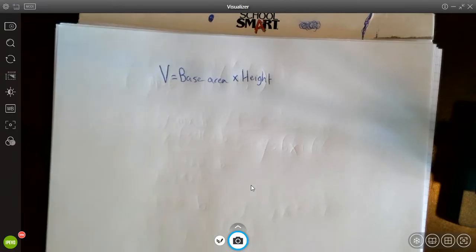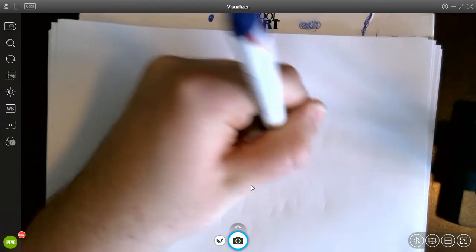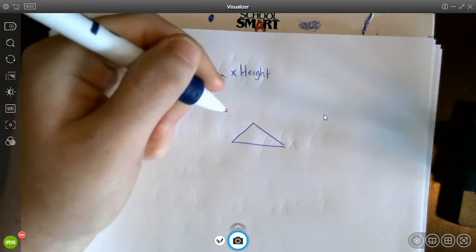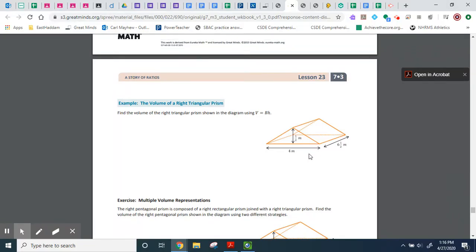So, in other words, if I have a triangle with a base and a height, our base is 4, and our height is 1/2, and this is in meters.